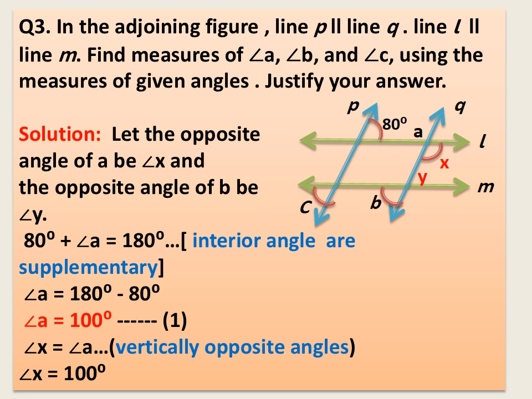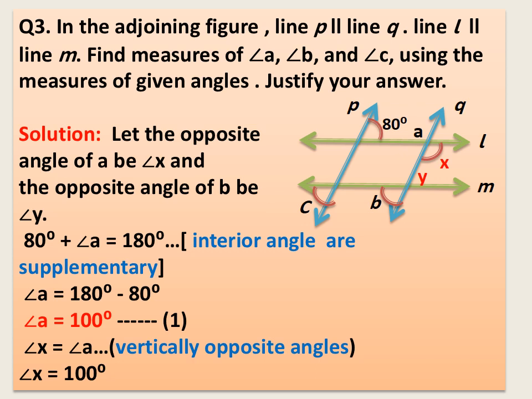Now taking line L, here 80 degrees and angle A make interior angles. When the lines are parallel, the interior angles are supplementary. Therefore, 80 degrees plus A is equal to 180 degrees. Therefore, A is equal to 180 degrees minus 80 degrees, which is equal to 100 degrees.